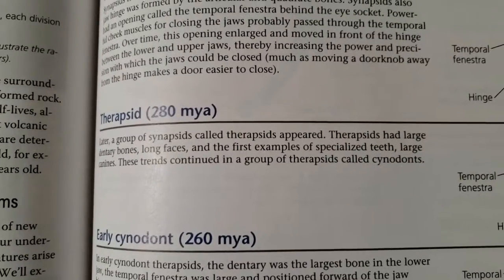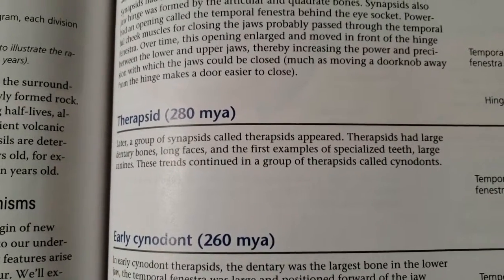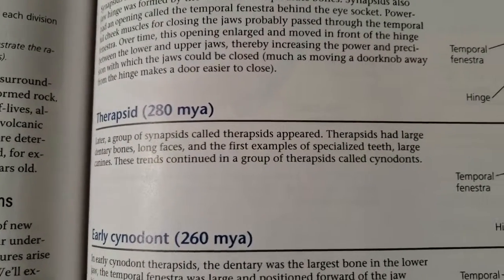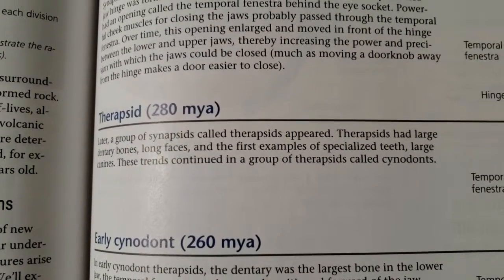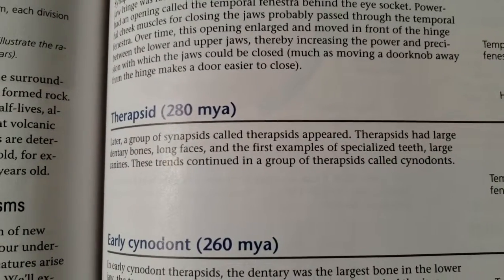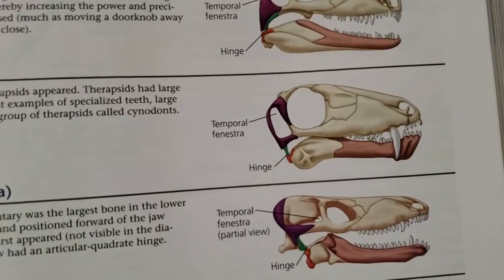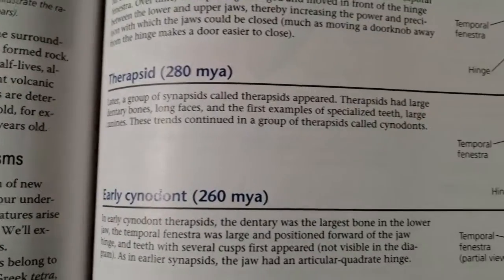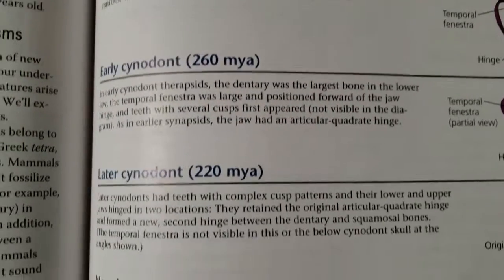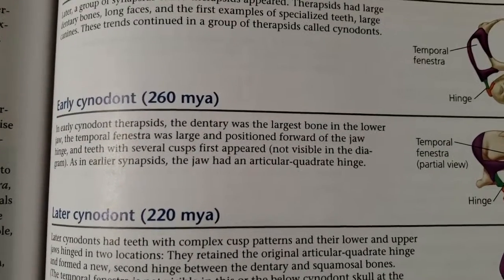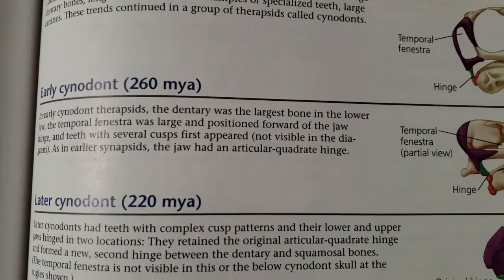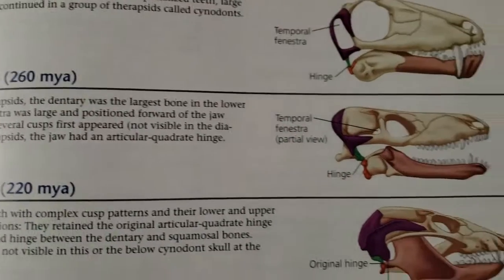Later, a group of synapsids called the therapsids appeared. They had large dentary bones and longer faces. In early cynodonts, the dentary was the largest bone.